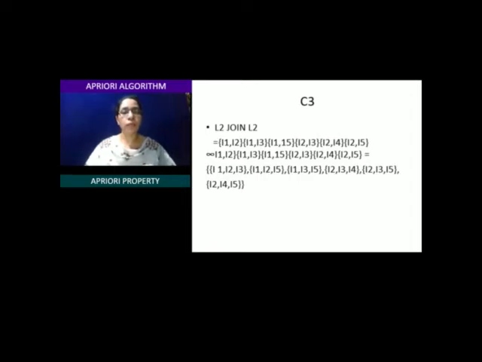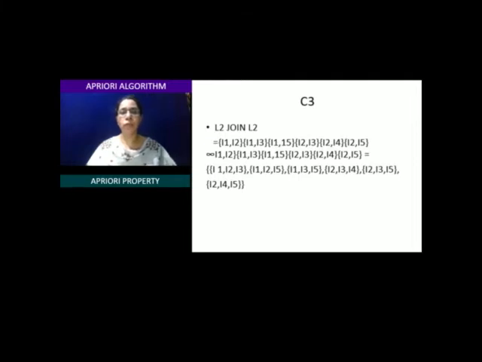So I1, I2 and I1, I3 can be joined to form I1, I2, I3. Similarly, I1, I2 and I1, I5 can be joined to form I1, I2, I5. Now, I1, I3 and I1, I5 are joined to form I1, I3, I5. Similarly, I2, I3 and I2, I4 can be combined to form I2, I3, I4.